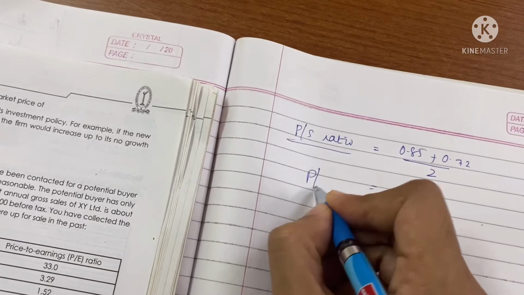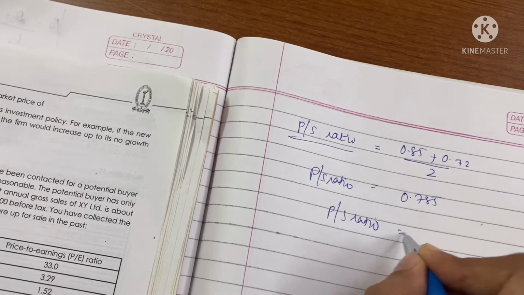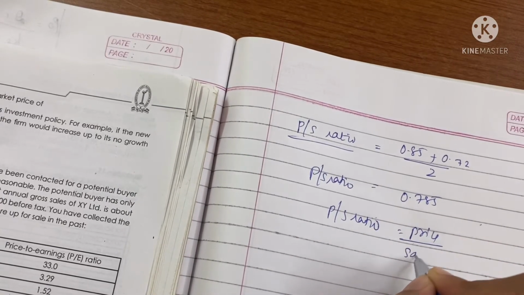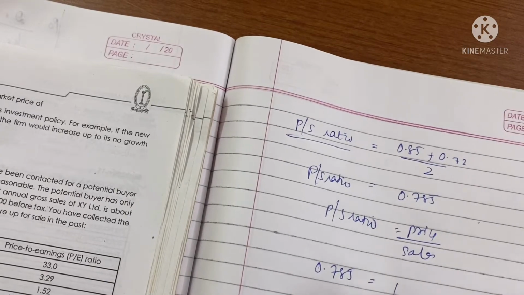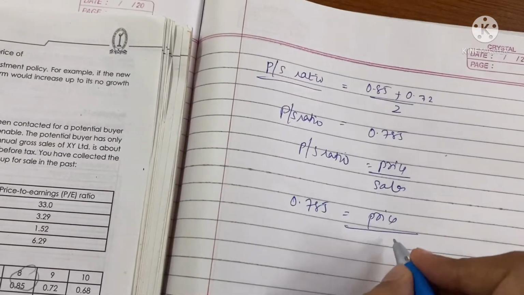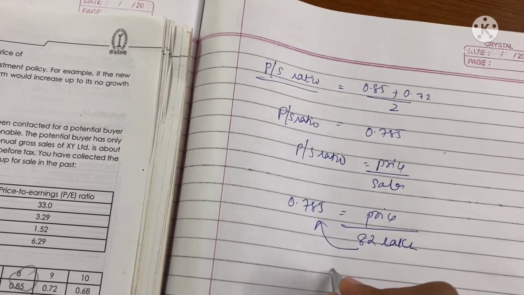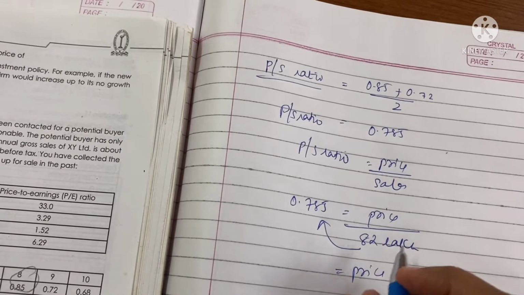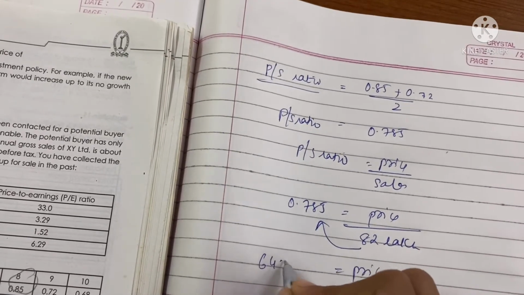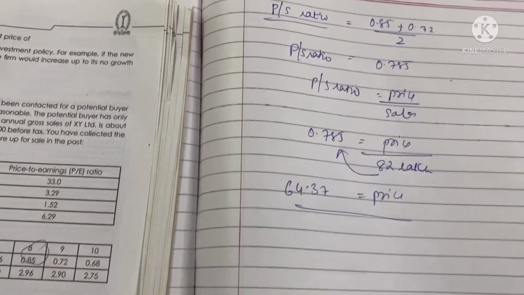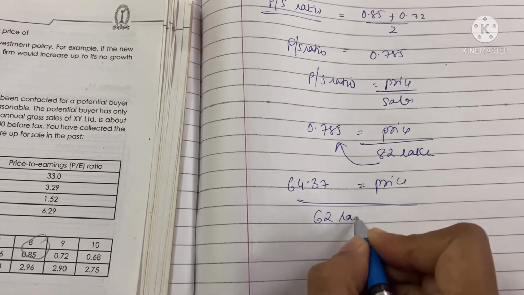Price to sales ratio refers to price divided by sales. If this average is 0.785 and the sales is 82 lakhs, then on average the price which we could have paid is around 64.37 lakhs, while XY Limited retail florist is asking only 62 lakhs from us.